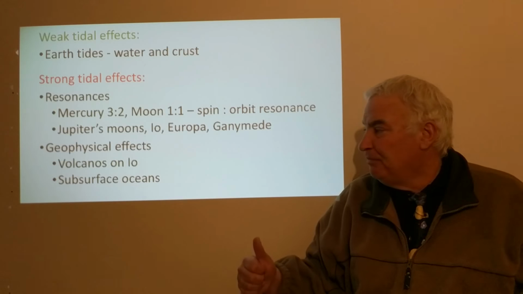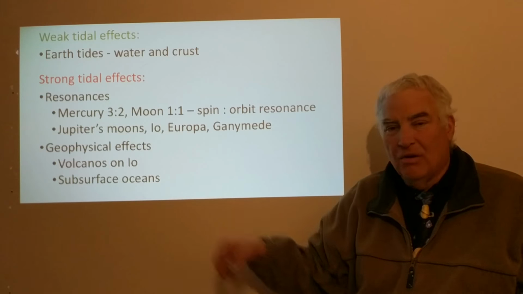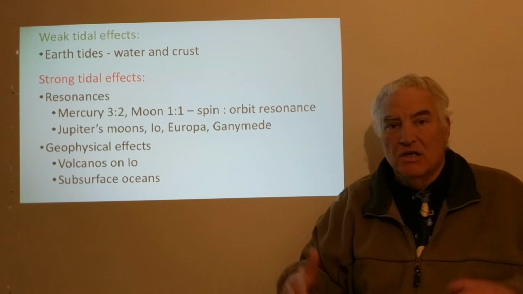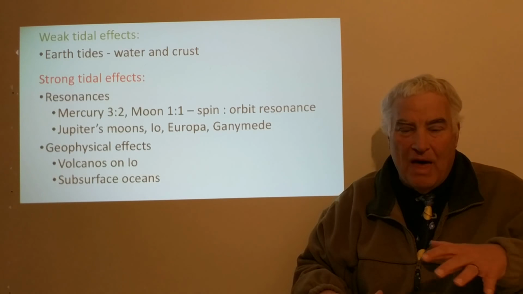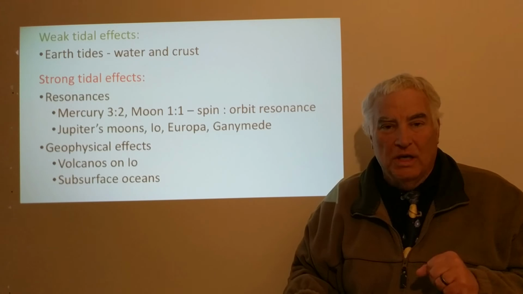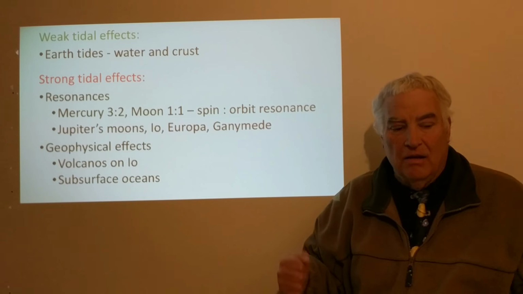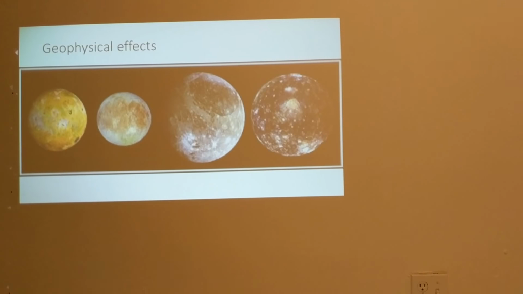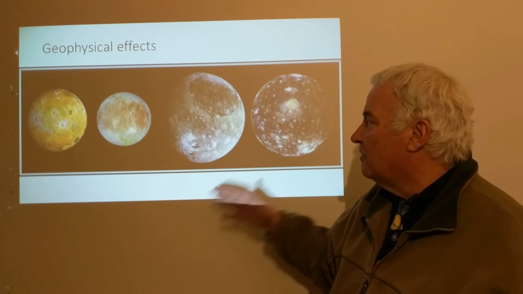On Europa and Ganymede, probably not on Callisto, but we're not completely sure, those tidal effects can cause subsurface oceans, where the surface has a layer of ice but below that is an ocean, and that's because of heat from inside generated by these tidal effects. So those effects are prominent literally on the surface of these objects, as we move from close to Jupiter to far out.